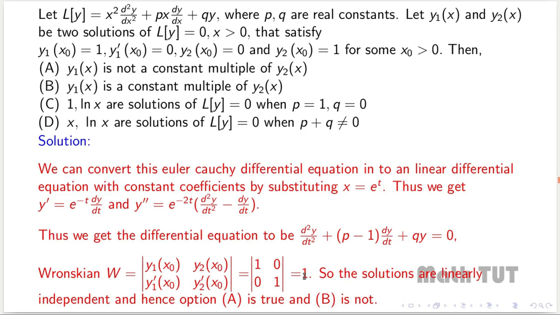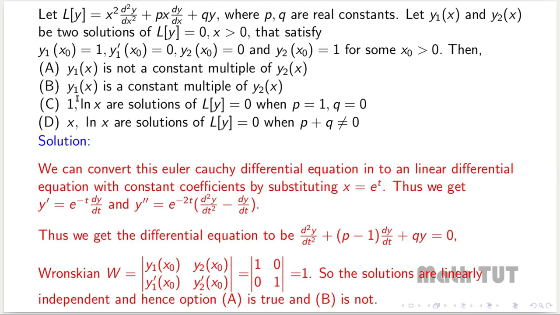So when the wronskian is a non-zero value, these 2 solutions are linearly independent throughout the interval 0 to infinity, and hence y1 is not a constant multiple of y2, that is, y1 is not some k times y2. So what we can conclude is that A is true and B is not.